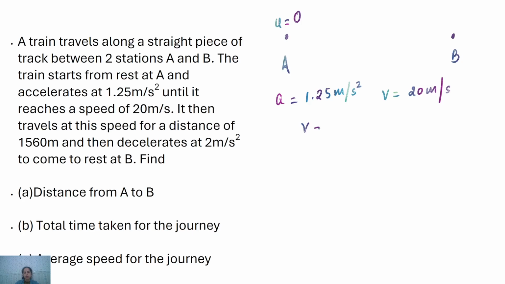So v equals u plus at. So v is 20, u is 0, acceleration is 1.25, t. Calculating 20 divided by 1.25 will give me the time.